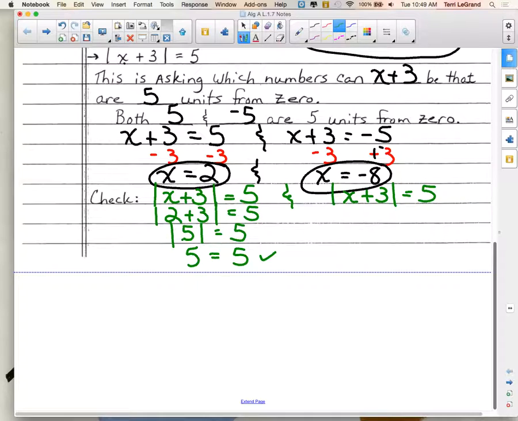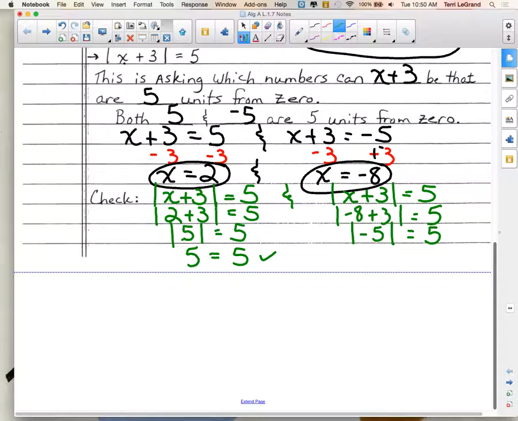Now let's do our other solution. We say that the other solution is negative 8. So we'll substitute our negative 8 into the x. And then we'll say, what is negative 8 plus 3? Negative 5? Yeah. Okay, so now we have the absolute value of negative 5. We bring along the rest of the equation.